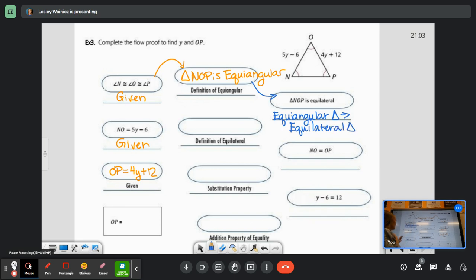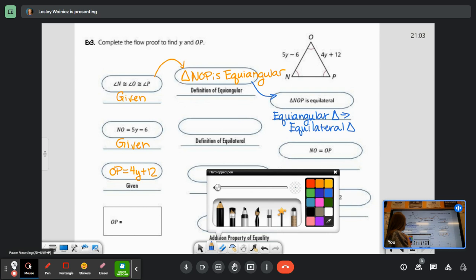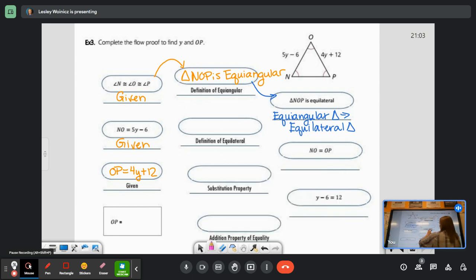Okay, so now we know it's equilateral. If it's equilateral, we know that its sides are congruent. So we know that segment NO is congruent to segment OP is congruent to segment PN.